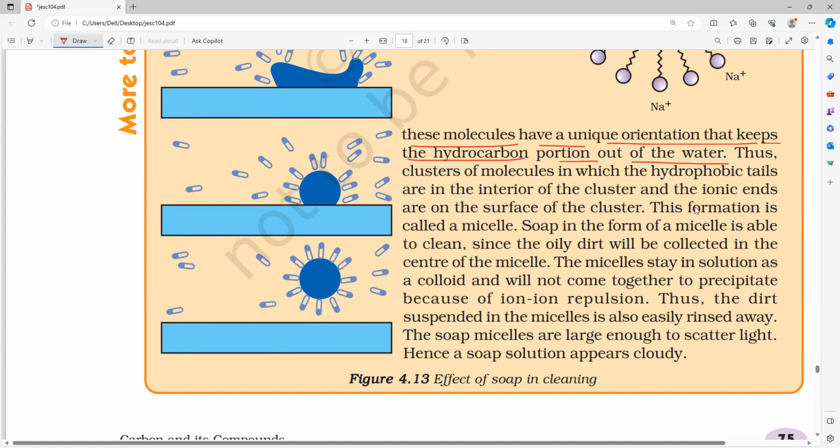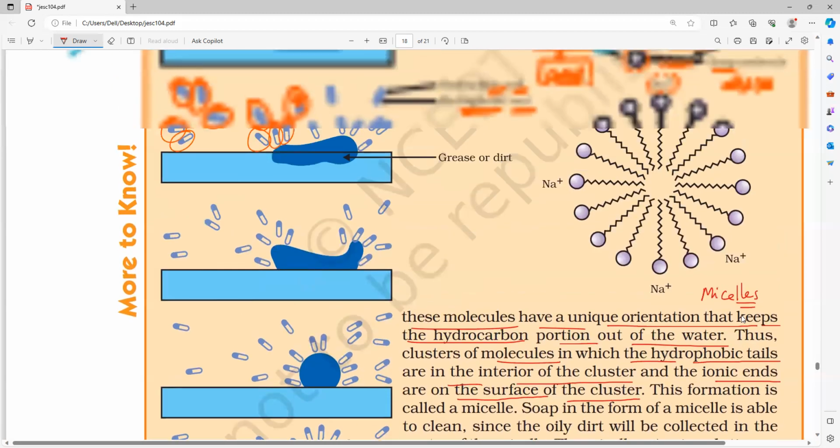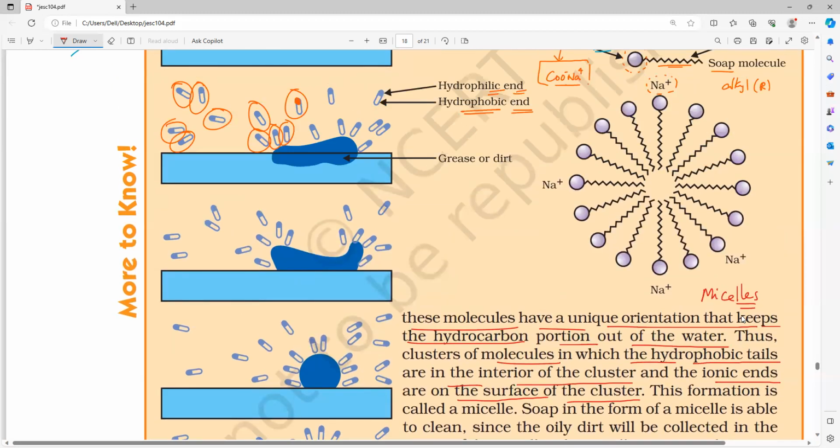Now, if you notice here, the clusters of molecules are what we call micelles. In them the hydrophobic tails are in the interior of the cluster and the ionic ends are on the surface of the cluster, because the ionic end is a charged particle, which is attracted by water.